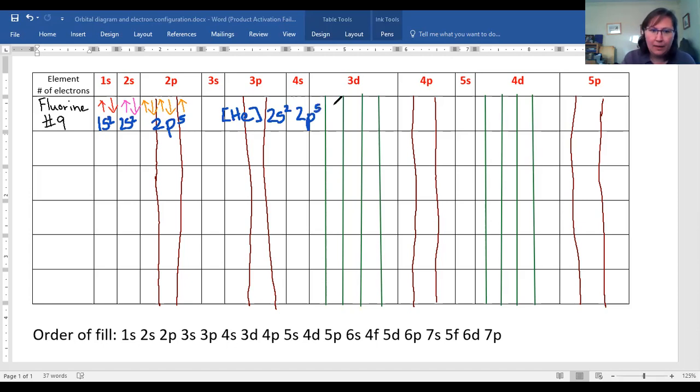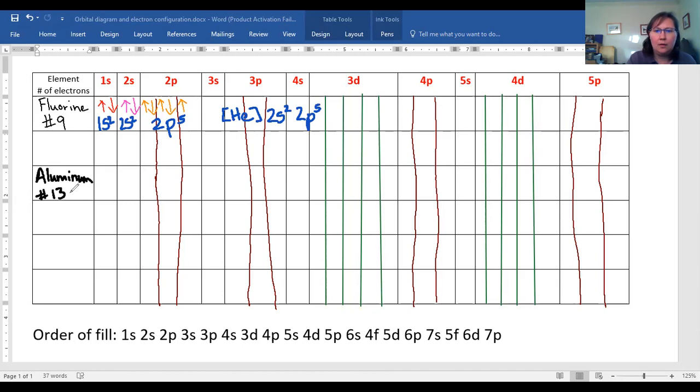Okay. Let's take a look at another one. Let's take a look at aluminum. And aluminum is number 13.